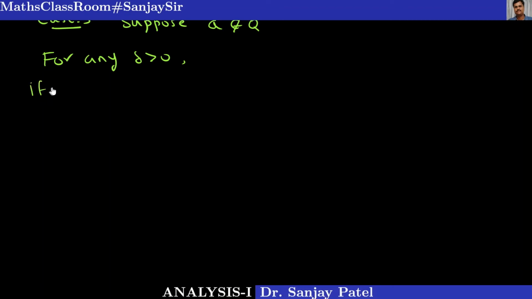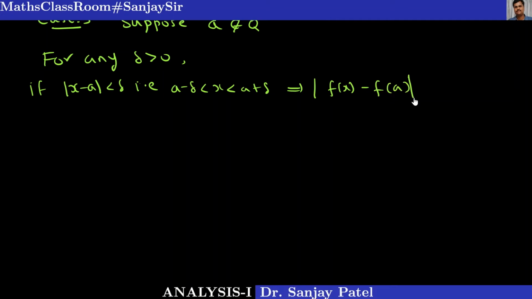if we have mod of x minus a less than delta, that is a minus delta less than x less than a plus delta, for any x, if we consider the difference mod of f of x minus f of a, then what we are going to get is this.